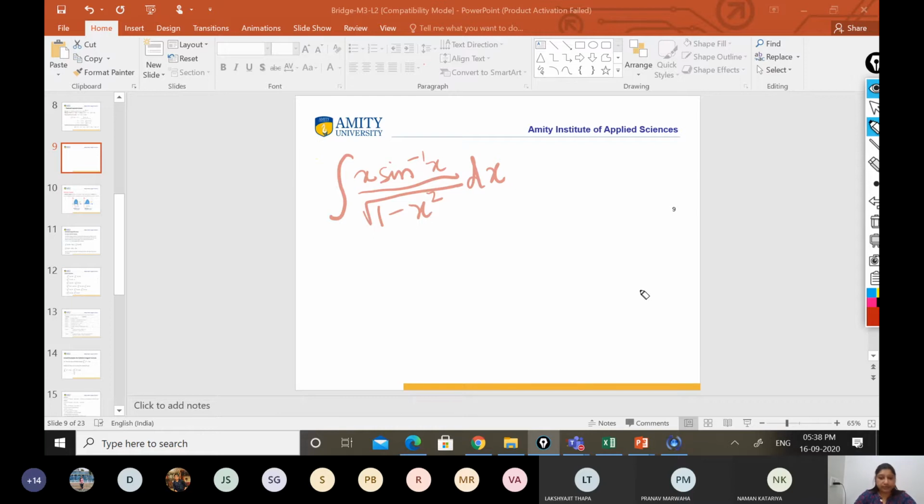Solve the integral. First function and second function, which one will be the first function and which one will be the second function?